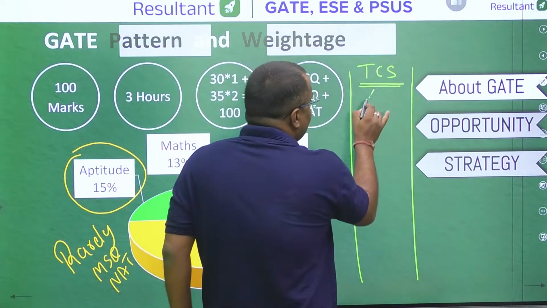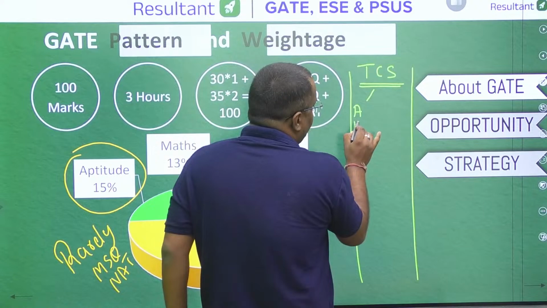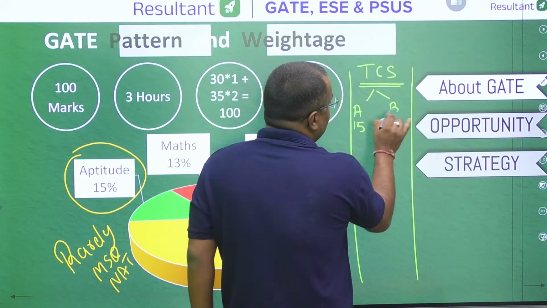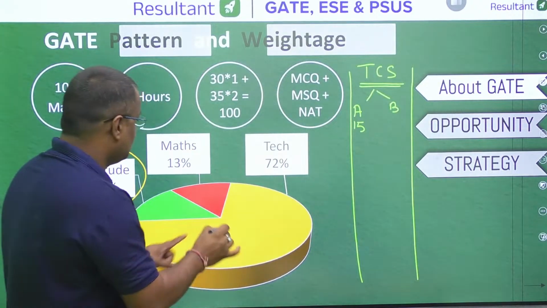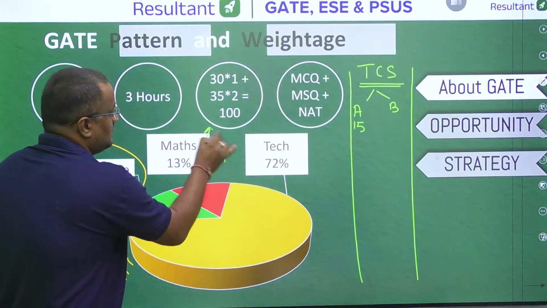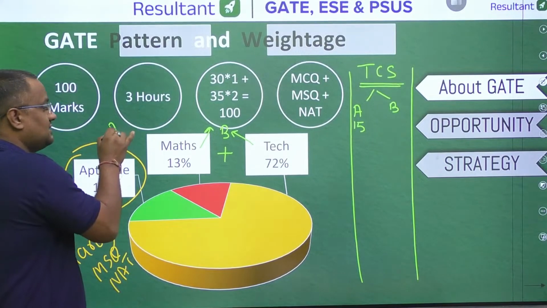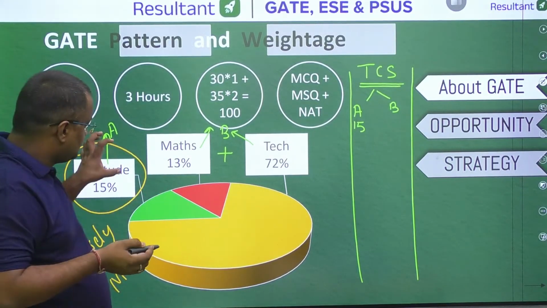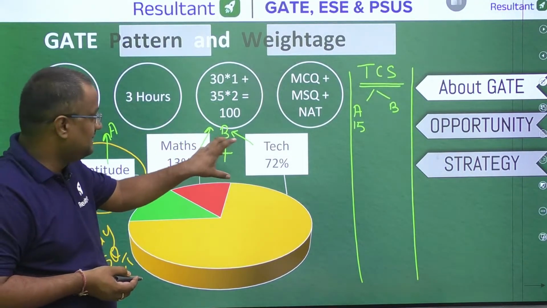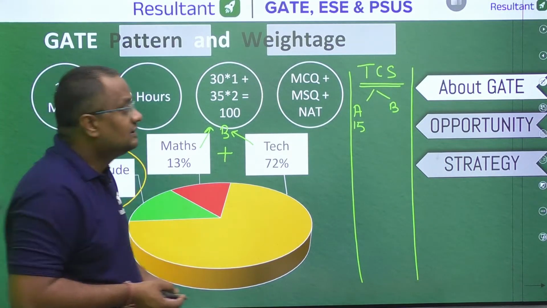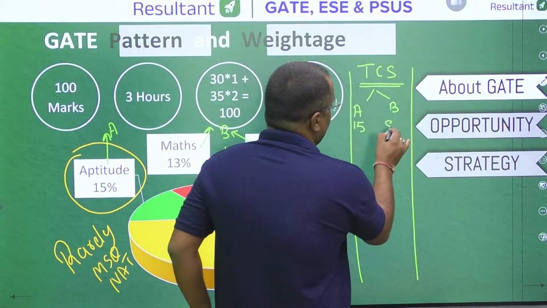The paper has an A section of 15 marks, aptitude, and a B section of technical plus mathematics. Officially, I am telling you, this is the A section and these two are the B section. B section, technical, that is civil engineering subjects, and mathematics, this will be of 85 marks.